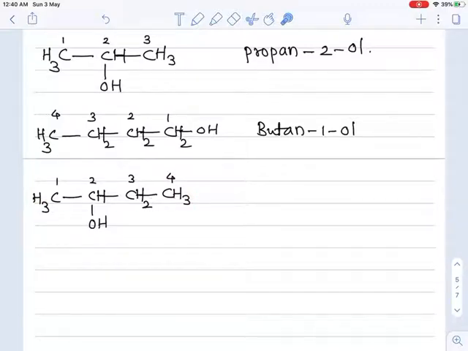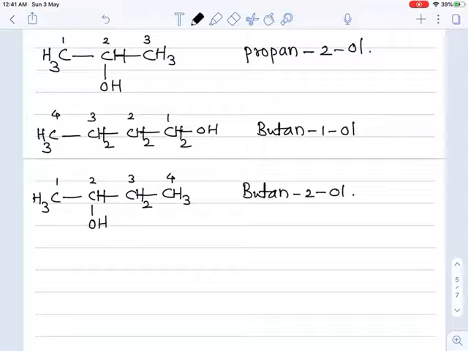So it is a 4 carbon containing chain. So what is its name? Again, it is a butane derivative. At position 2, the OH group is there. So butan-2-ol.